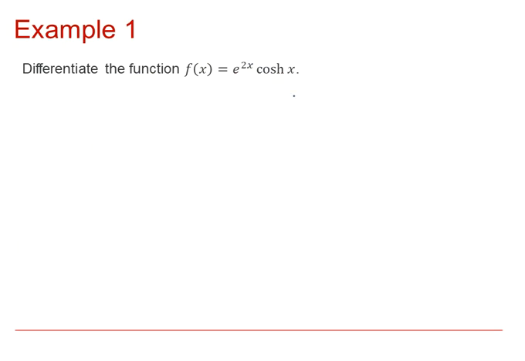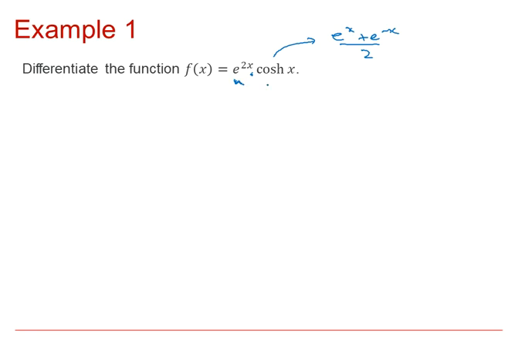So here, if we wanted to differentiate this function, e to the 2x cosh x, there is a method which I'll show you a little bit later, where we could replace cosh x with e to the x plus e to the minus x over 2 and use the exponential function, but I'm going to show you the method to differentiate this using a product rule.